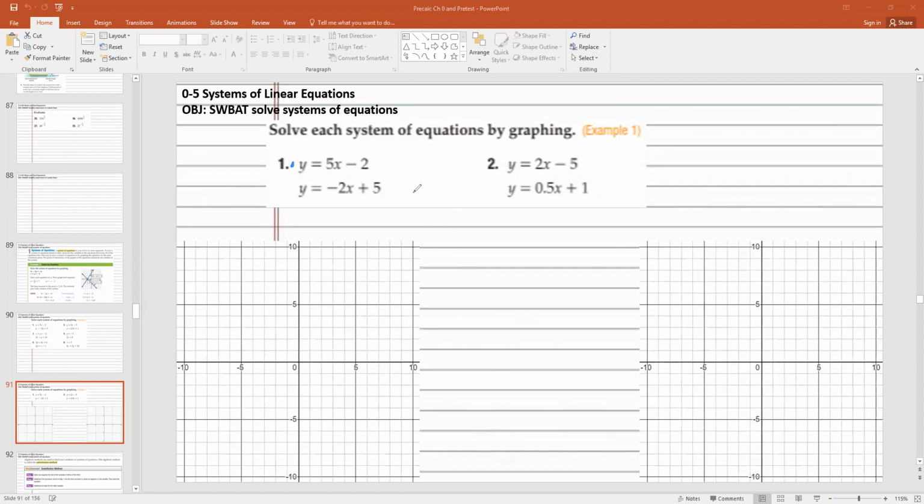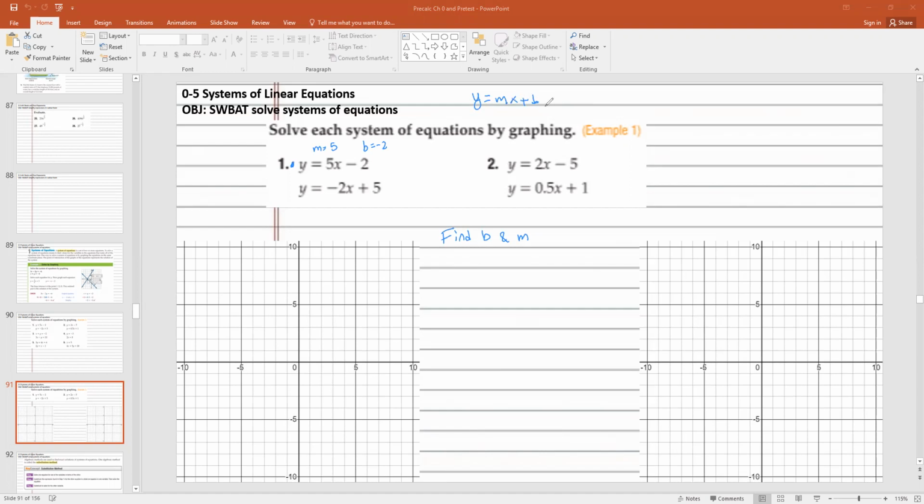Okay, so this is slope-intercept form, y equals mx plus b. Now when you're graphing these, you want to find your b and m. Here our b is -2 and our m is 5. The b is the number that's by itself.